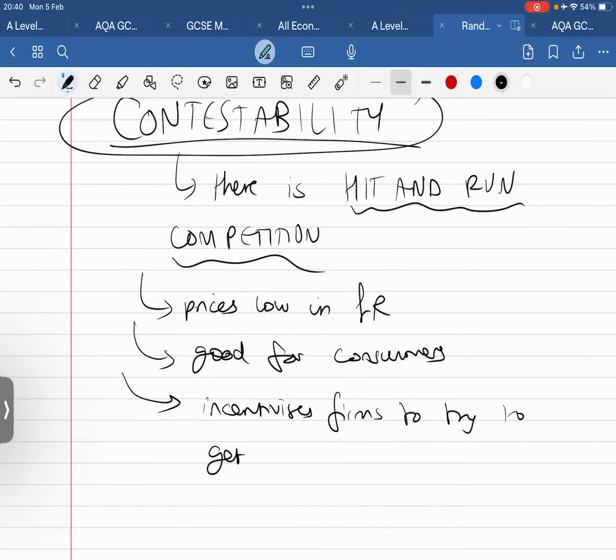It's a mindset thing. Short run means, hey guys, I've innovated. I've got a better product than yours, so I'm going to make some profit until one of you catches on. So that's actually a good thing, right? So you can say that monopolistic competition is good because it's contestable.